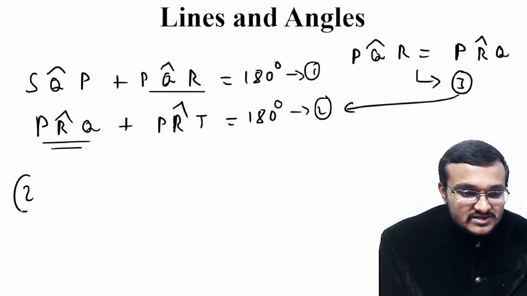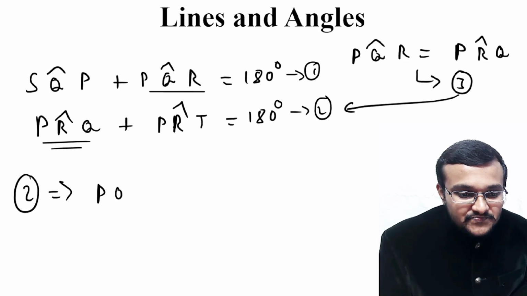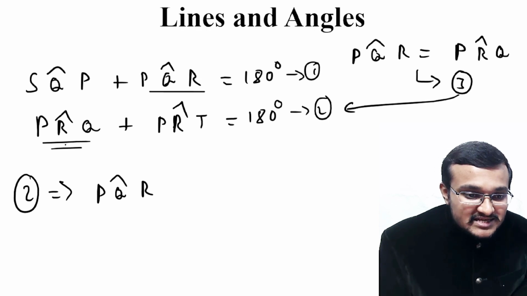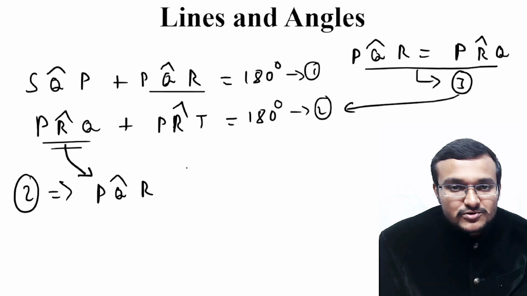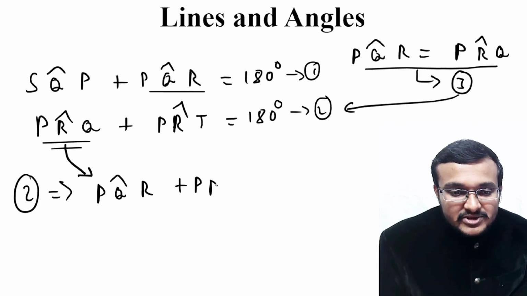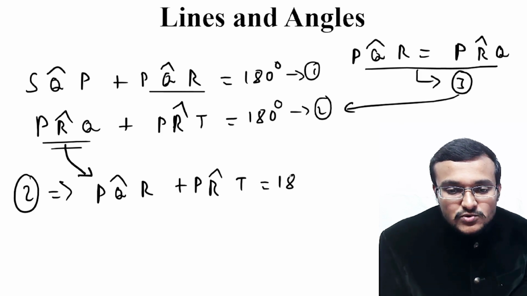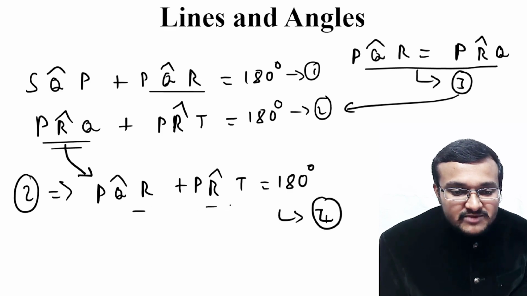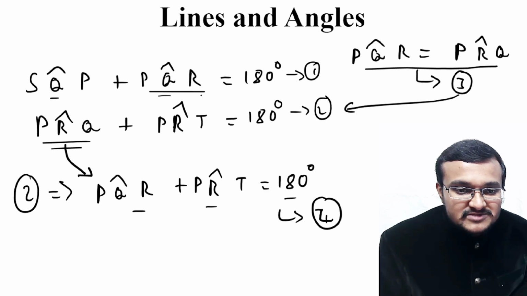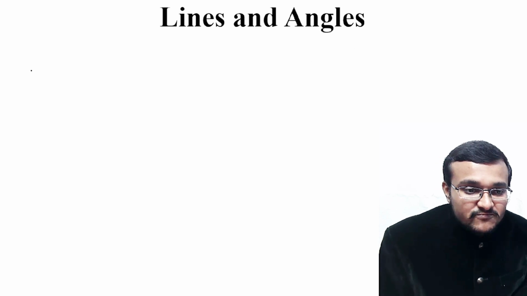So now equation 2 will become PQR plus PRT is equal to 180 degrees. In the place of PRQ, I am substituting PQR because PQR is equal to PRQ. This you can consider as the fourth equation. Now we have PQR plus PRT is equal to 180 degrees, and we have SQP plus PQR is equal to 180 degrees. So we'll write equation 1 and equation 4 one more time.